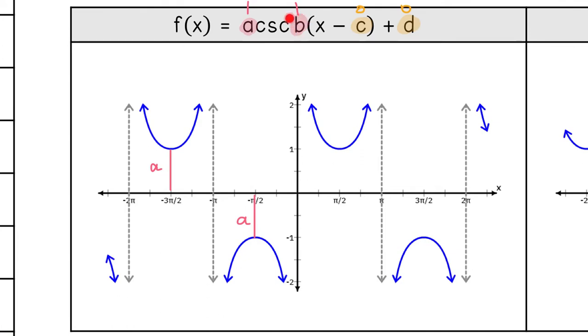Okay, B has more to do with the period, so this one is kind of harder to see. So I'm going to highlight here for us. Okay. So one period of cosecant is this area right here that I'm highlighting in blue. So it has to complete a full pattern. This is what's going to repeat over and over and over again.